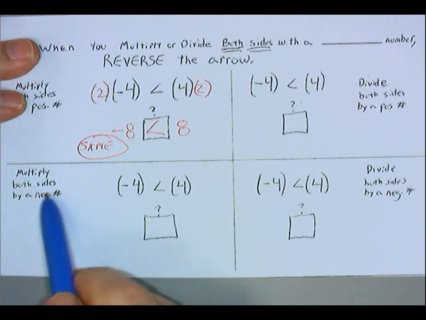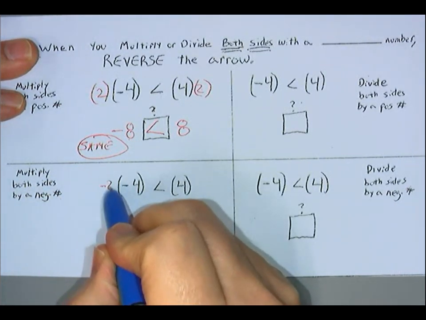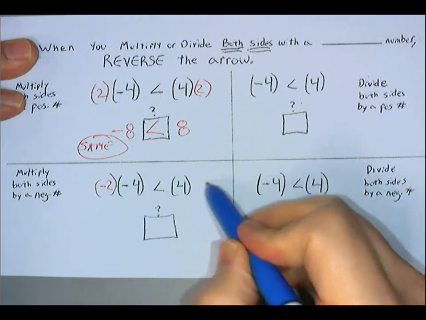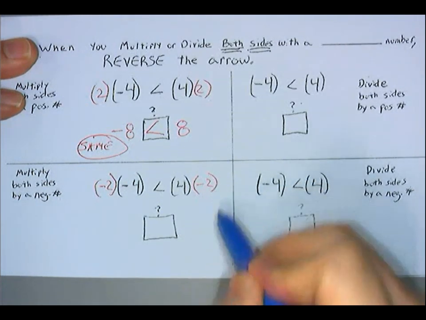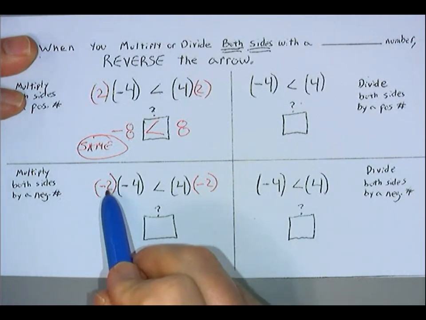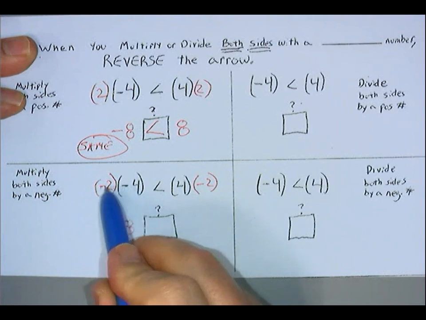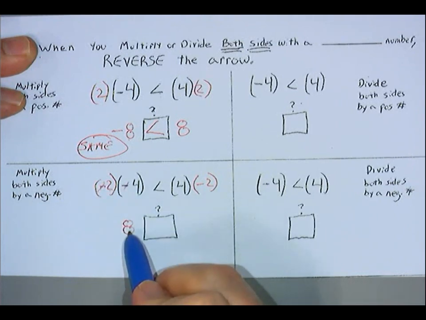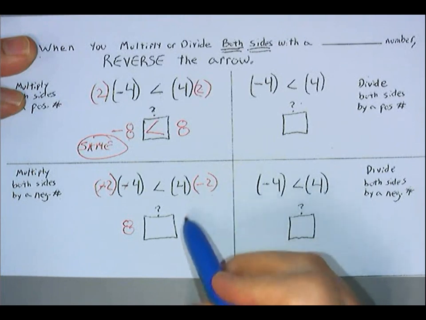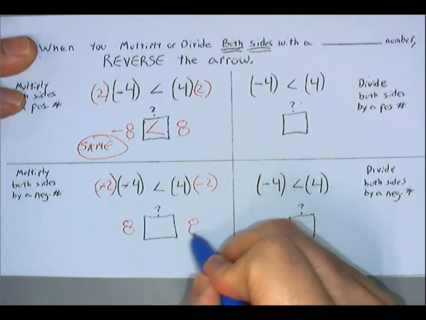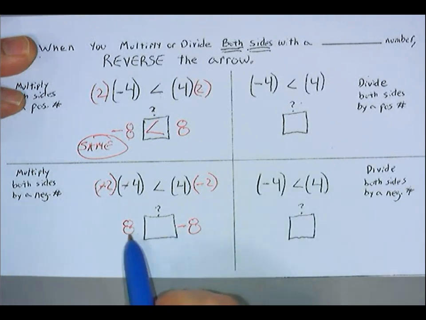Now instead of multiplying by a positive, let's multiply by a negative number. Let's multiply by negative 2 on both sides. 2 times 4, that's 8. And 2 negatives cancel when multiplying. 4 times 2, that's 8, and there's one negative, so that's negative 8.